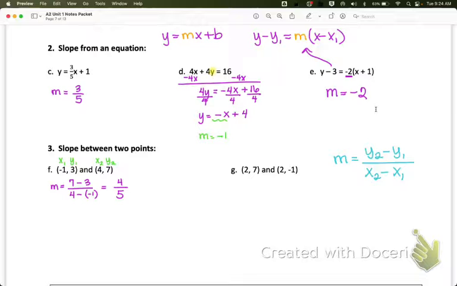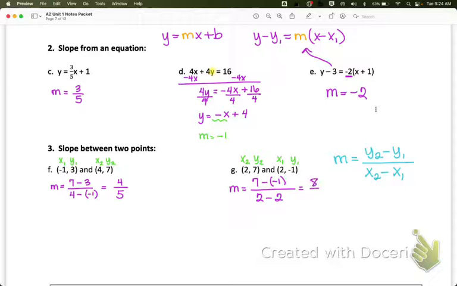All right, we're going to set this up the exact same way. Now, again, just to prove a point, it doesn't matter if this is my 2's. As long as both 2's are in the same point and both 1's are in the same point, it's fine. So I could find my slope this way and do y2, which is 7, minus y1, which is negative 1, over 2 minus 2.